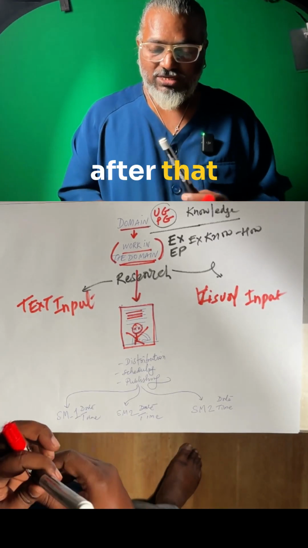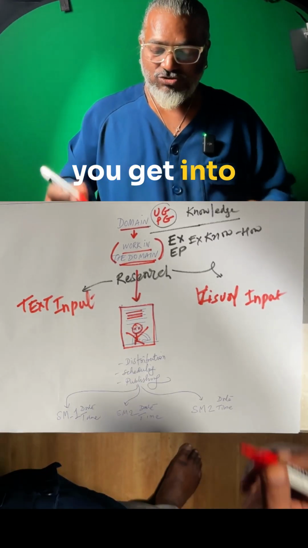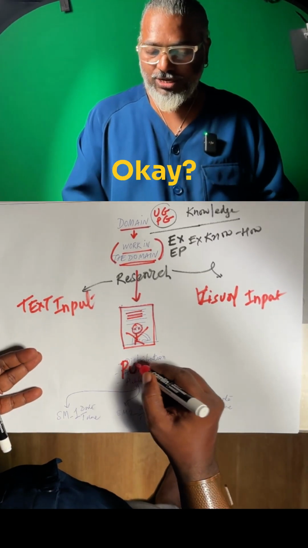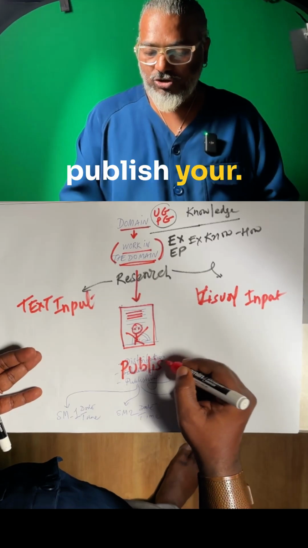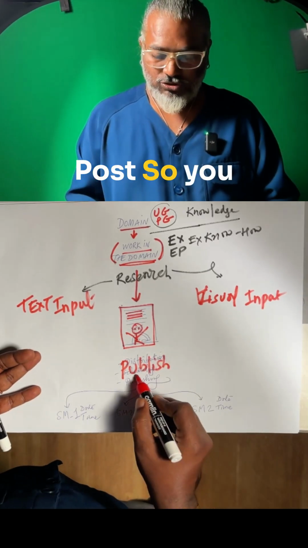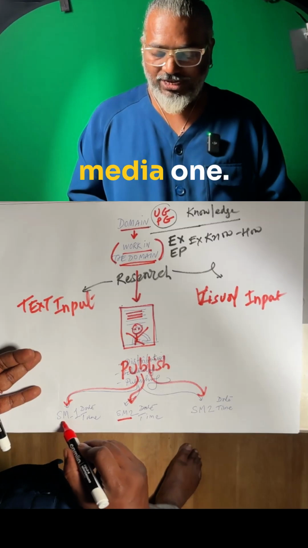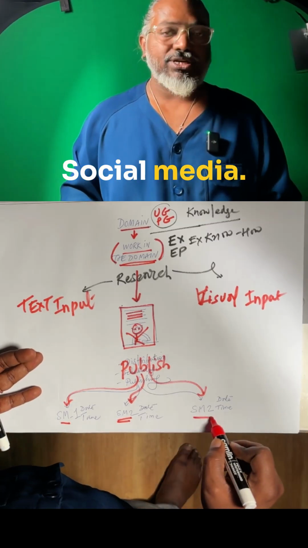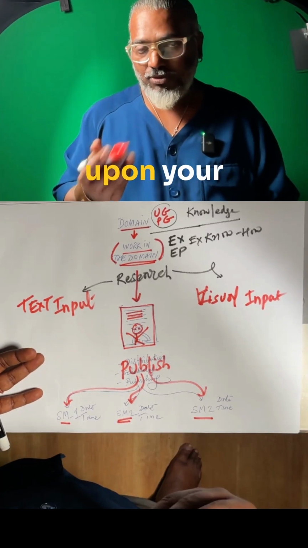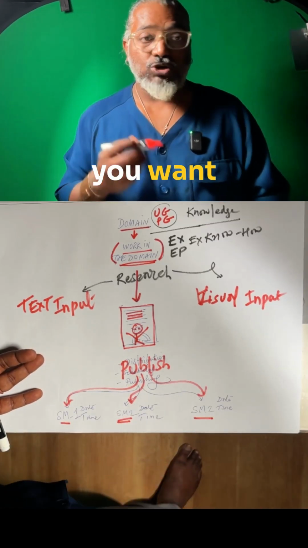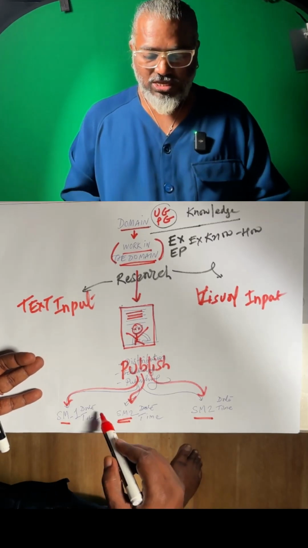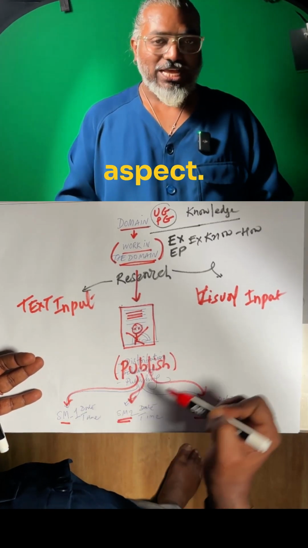And after that, you get into publishing. You have to publish your post, so you do it on social media 1, social media 2, social media 3, depending upon the number of social media where you want to put the same post. That means publishing is also an aspect.